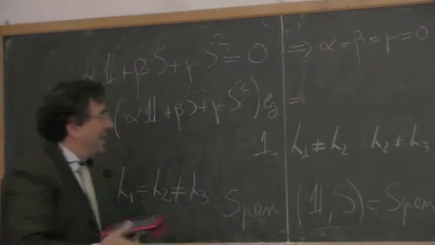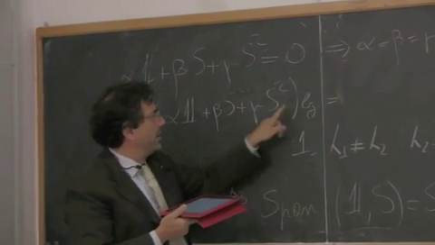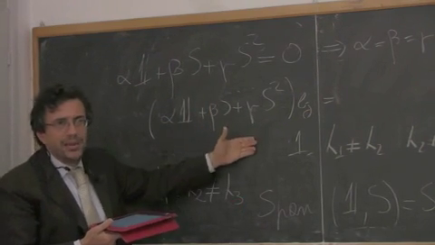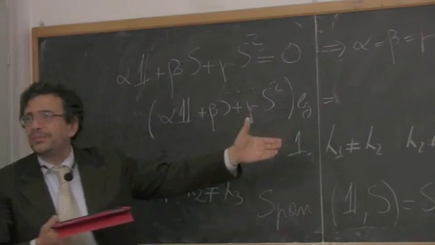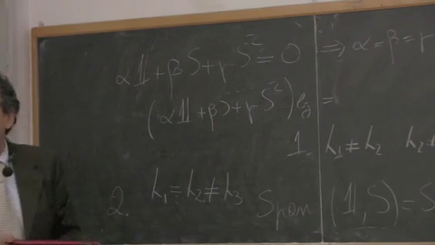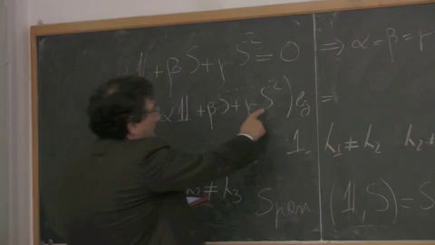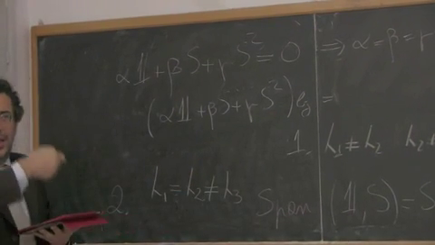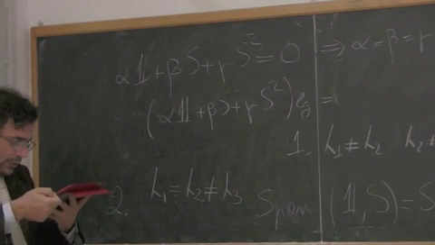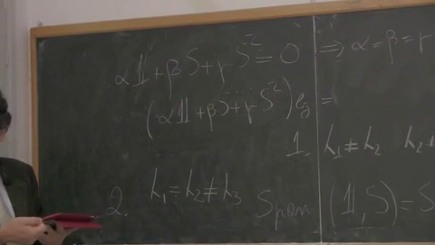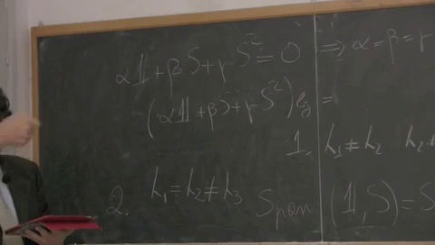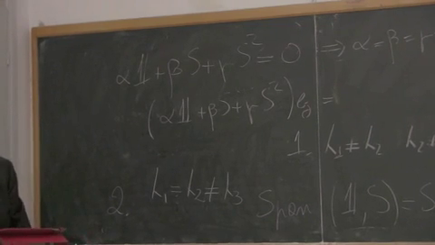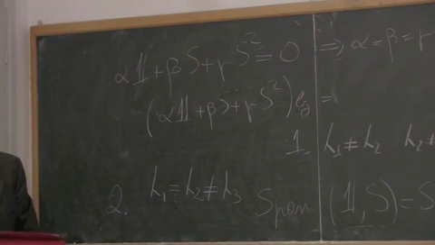We consider an eigenvector of S and we apply this linear map to this eigenvector. Okay, now it is trivial that S squared applied to EJ is equal to lambda J squared EJ, because you apply S 2 times. First time you get lambda EJ, second time you get another lambda EJ. Okay?